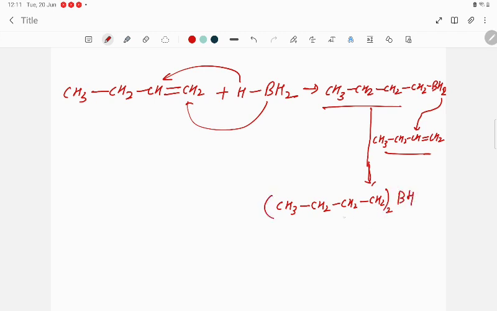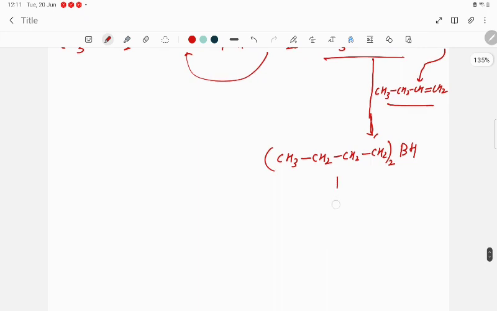Now what is the condition here? Since one more hydrogen is there, that can reduce another molecule of butene. So CH3, CH2, here is CH double bond CH2, it is going to add here.